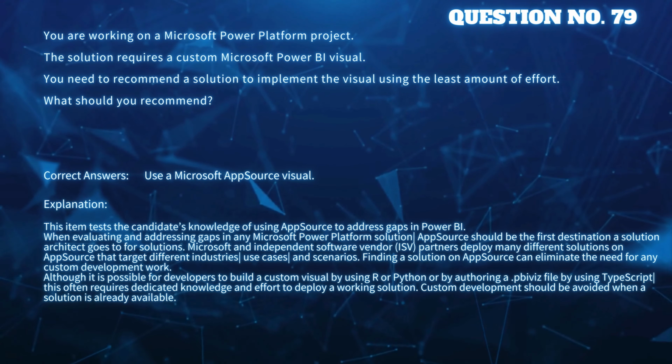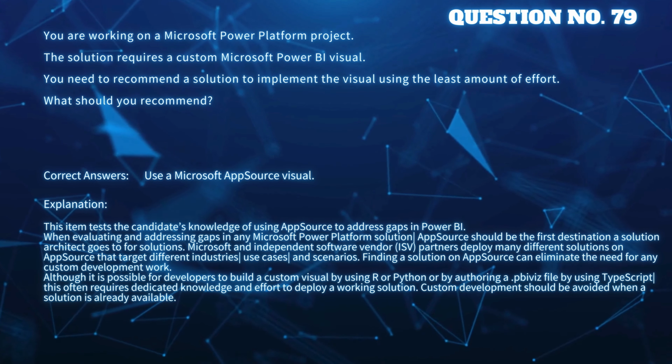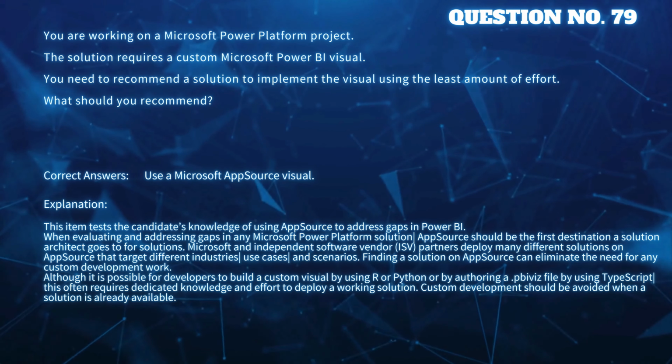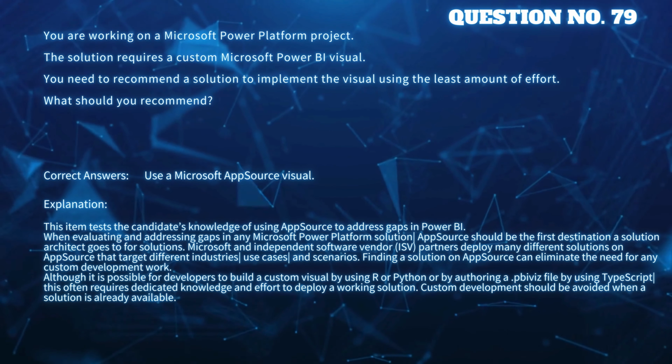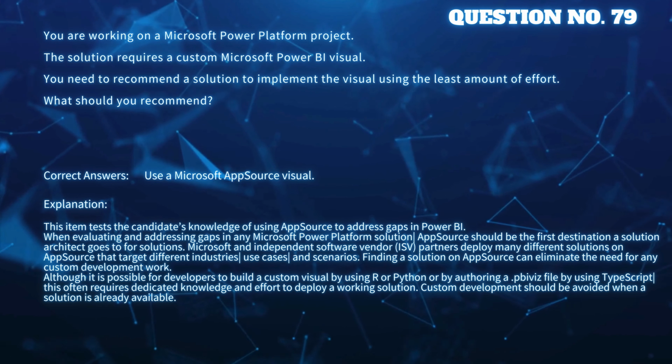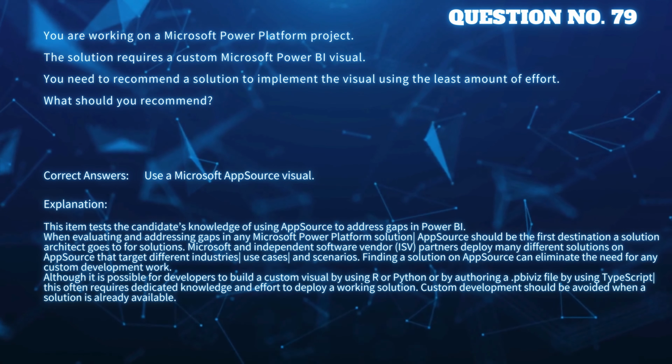Finding a solution on AppSource can eliminate the need for any custom development work. Although it is possible for developers to build a custom visual by using R or Python, or by authoring a .pbiviz file by using TypeScript, this often requires dedicated knowledge and effort to deploy a working solution. Custom development should be avoided when a solution is already available.